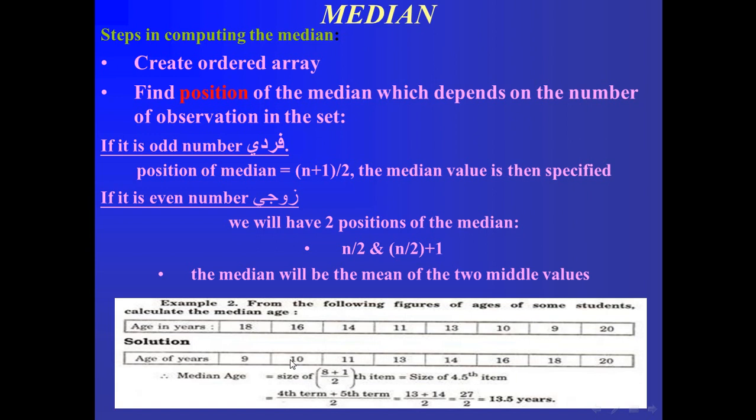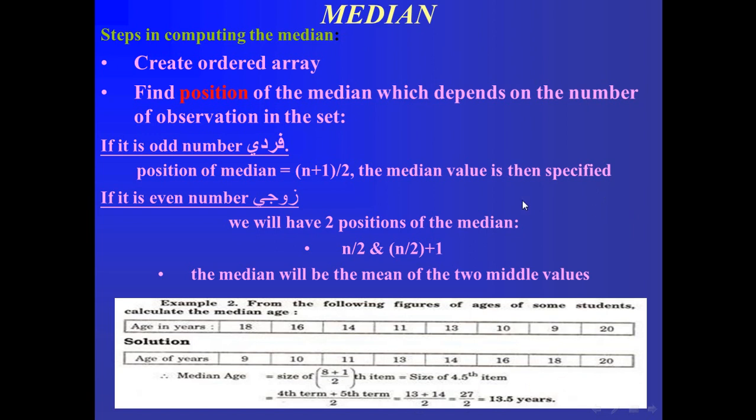This is number 1, number 2, number 3, number 4. Between 4 and 5, these are the 2 figures, 13 and 14. We have to add 13 and 14, and it is 27, divided by 2. It is the median age for this group. And this is how to calculate it.